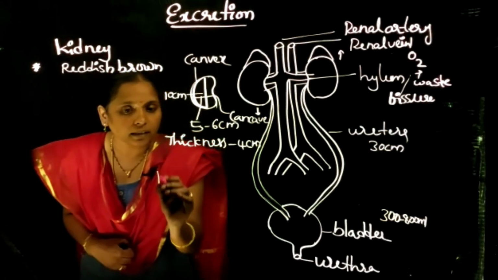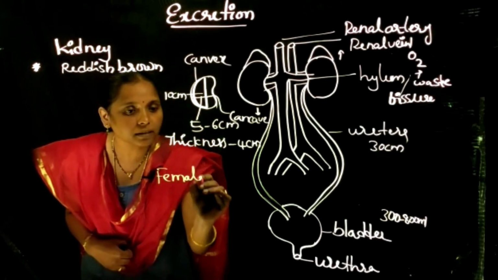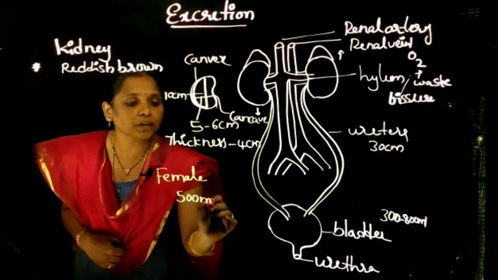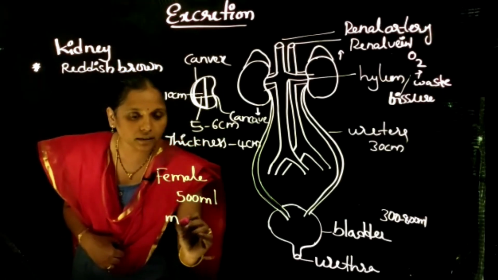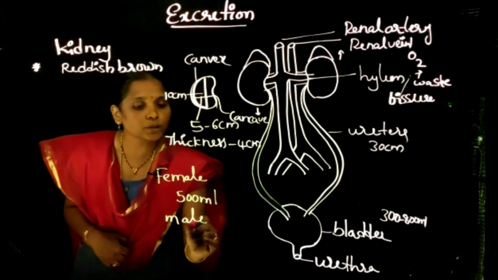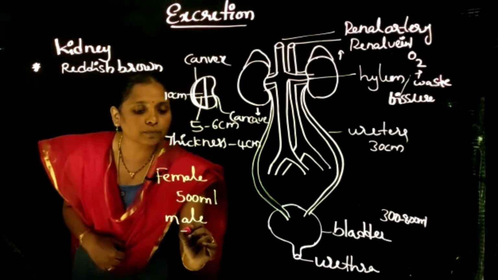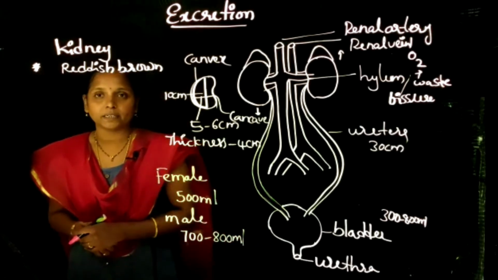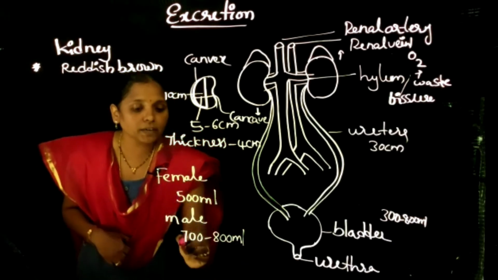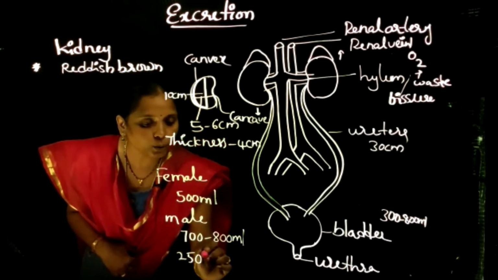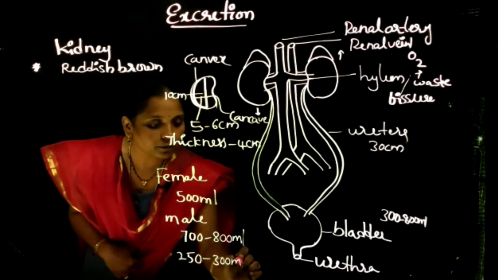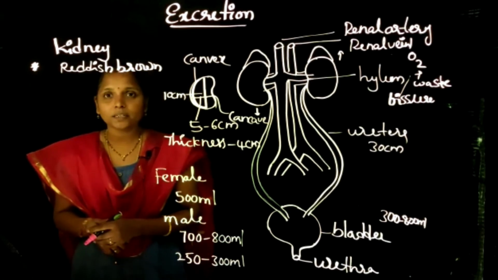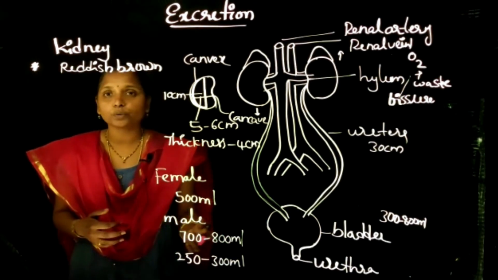A female can store nearly 500 ml of urine, and a male can store nearly 700 to 800 ml of urine. But whenever our bladder is filled with nearly 250 to 300 ml, we feel that the bladder is filled, and we feel that we have to go to the urinal.